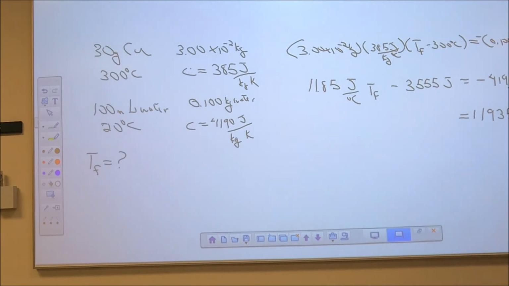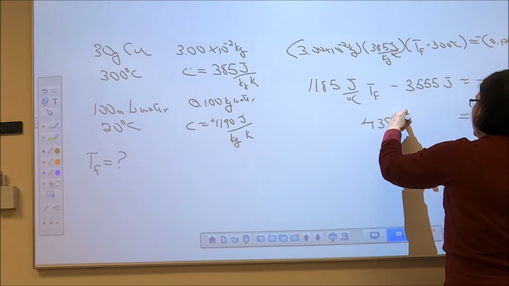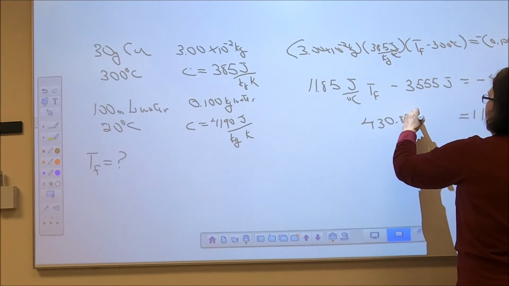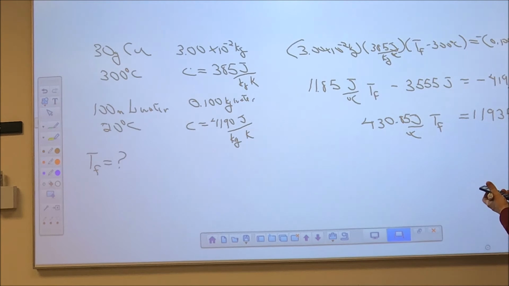And on the other side, I have 430.85 joules over degrees C, T final.